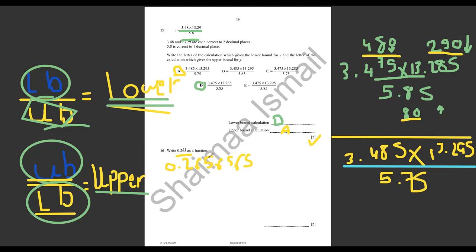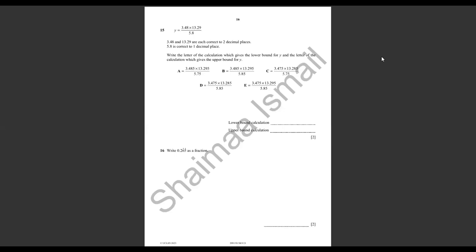Okay, so here we're going to multiply it and get the x of it. In this case, let's make x equal 0.265 recurring. Then 10x here.